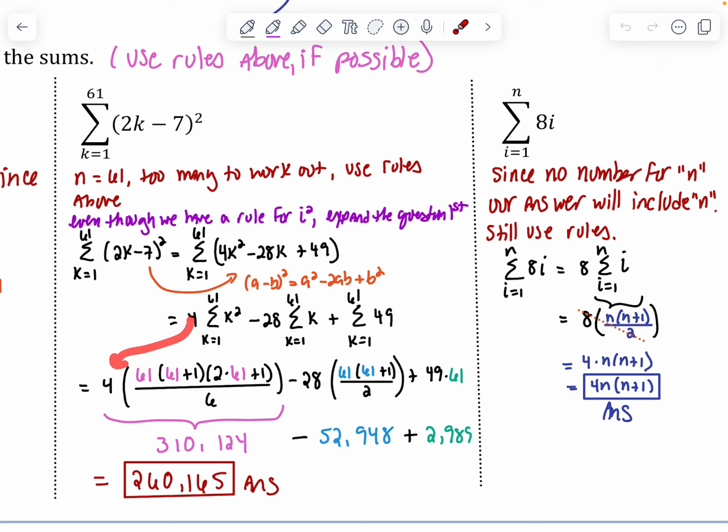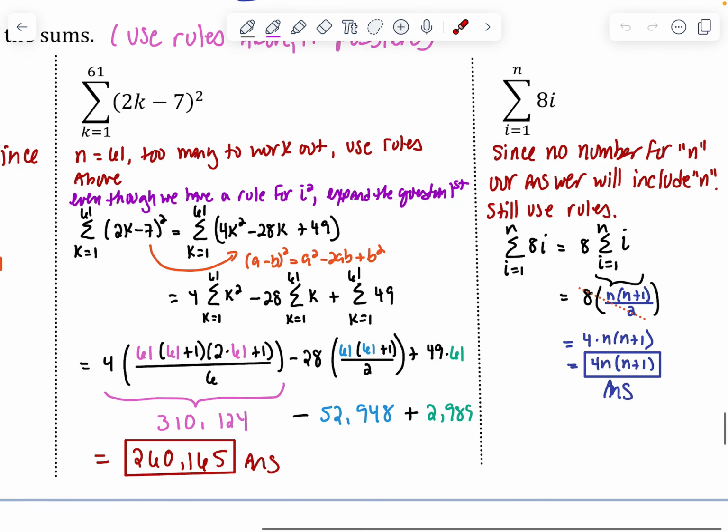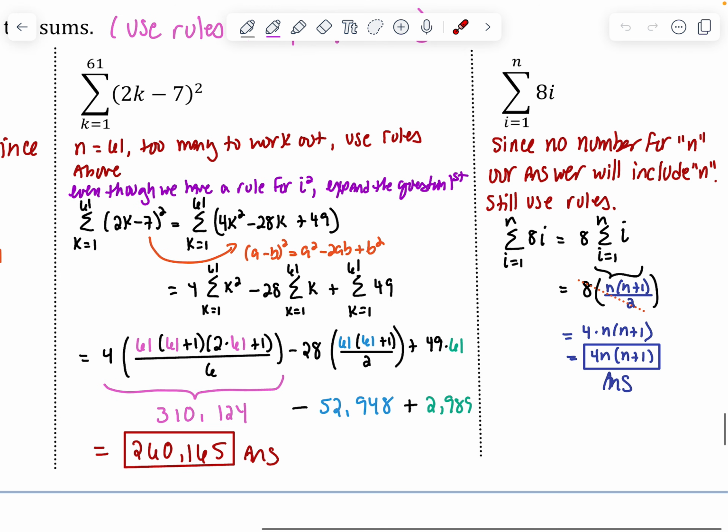So n was 61 for our problem, and we had pulled a 4 out front. I've got my minus 28 in front of k, and the formula for k was n times n plus 1 all over 2. So I put my 61 there, and we said if it's ever just a constant, it's a constant times how many times it's added to itself.